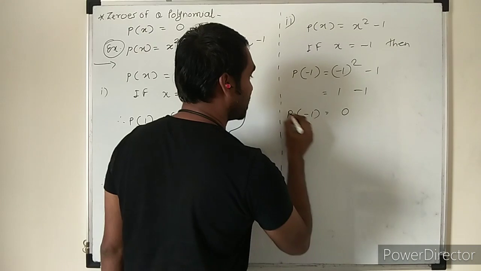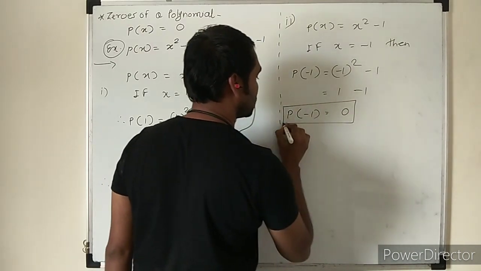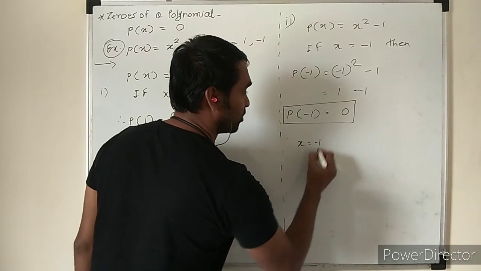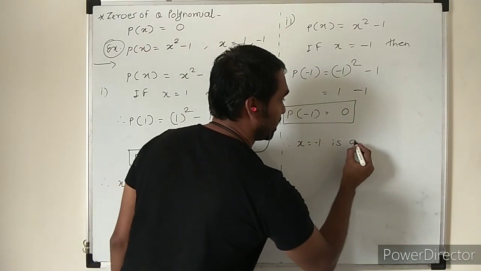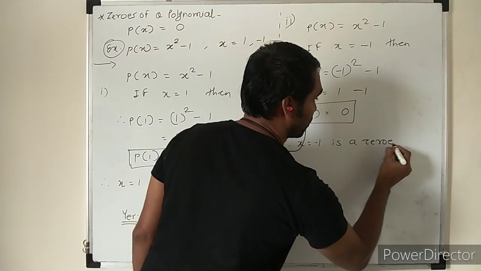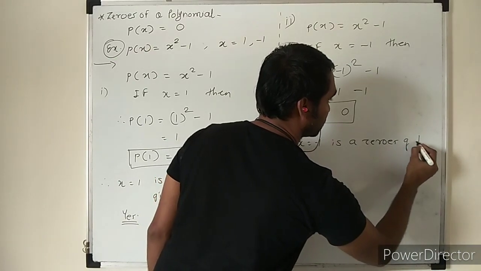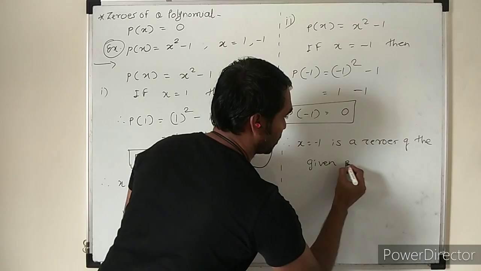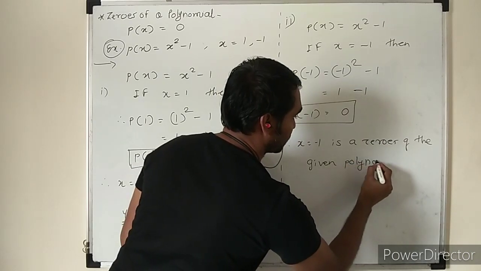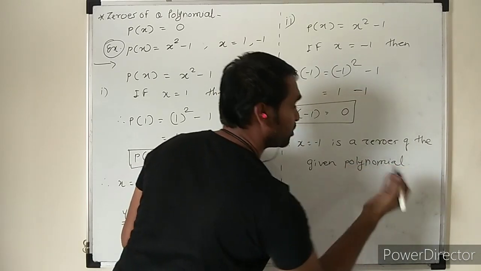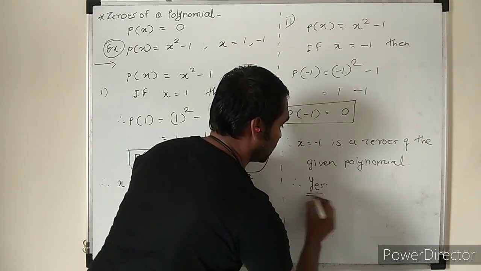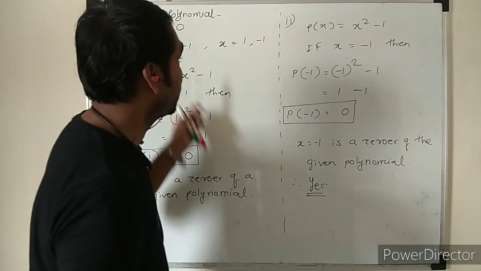That is P of minus 1 also is equal to 0. So therefore x is equal to minus 1 is a zero of the given polynomial. So therefore this one also answer yes. Okay, this way you have to solve.